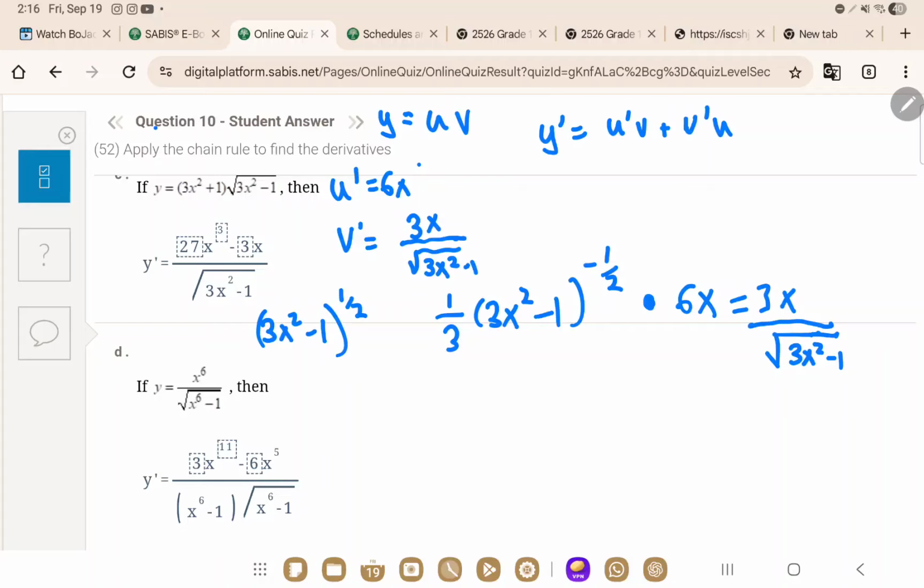So now that we found everything, red is me applying the product rule.